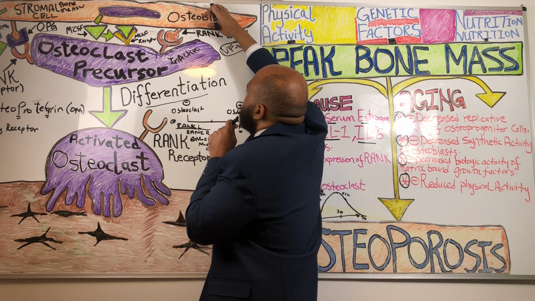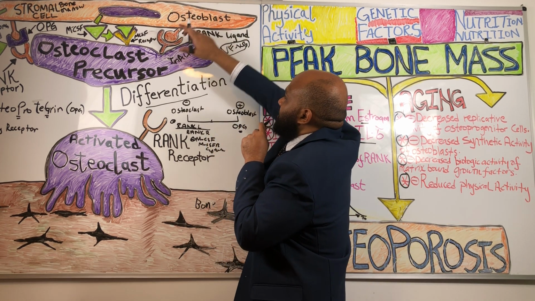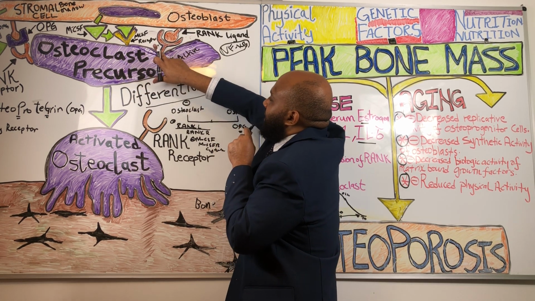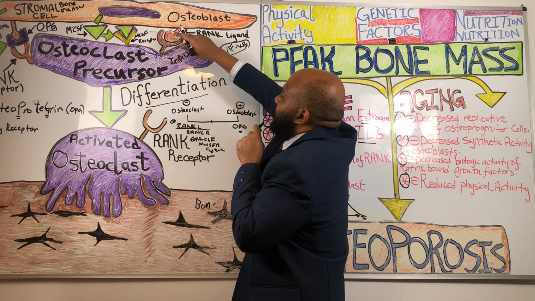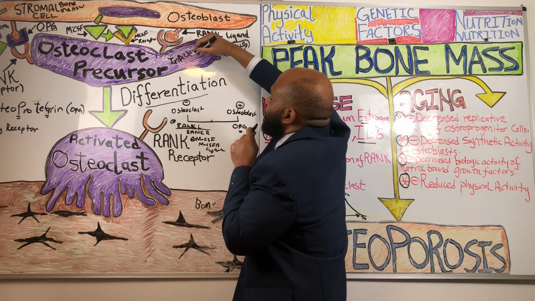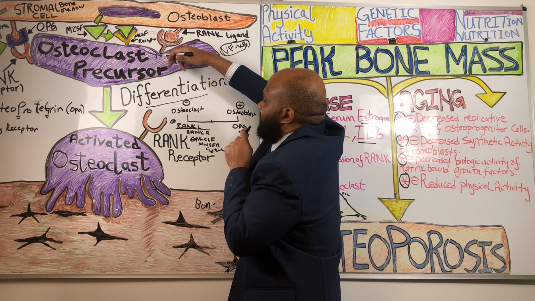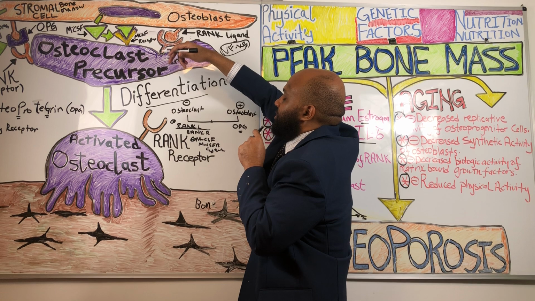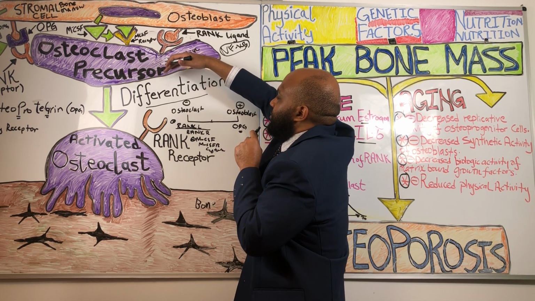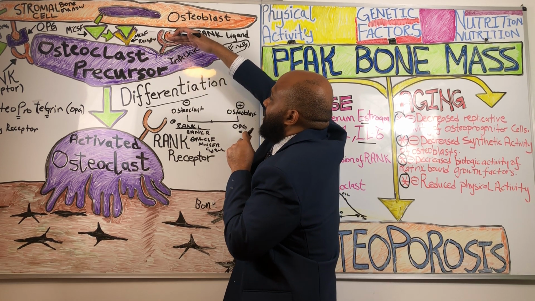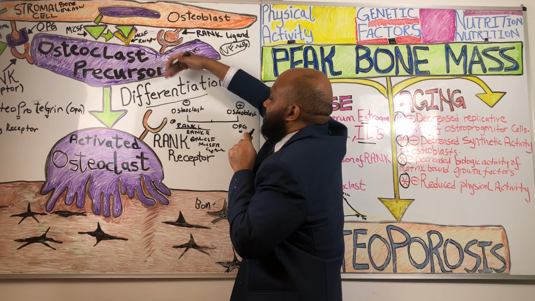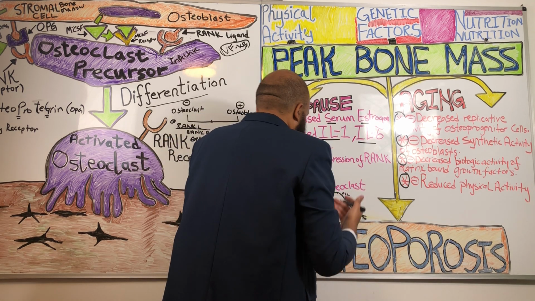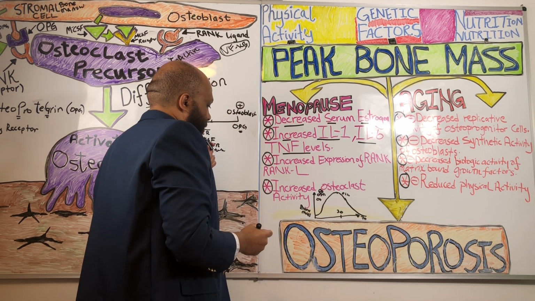The RANK ligand will bind to the RANK receptor on the surface of the osteoclast precursor cell, and that will lead to the activation of NF-kappa B, a nuclear factor signal that would initiate the transcription of proteins that induce the differentiation and proliferation of osteoclasts, entering the cell cycle and proliferating into activated osteoclasts, and that would deplete, destroy and resorb the bone.